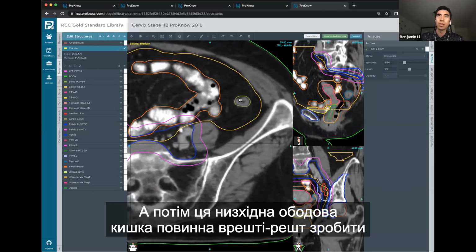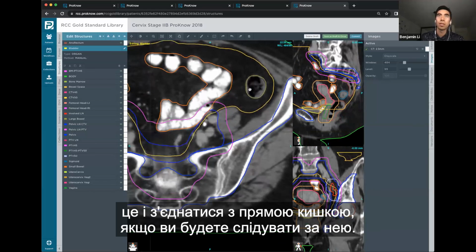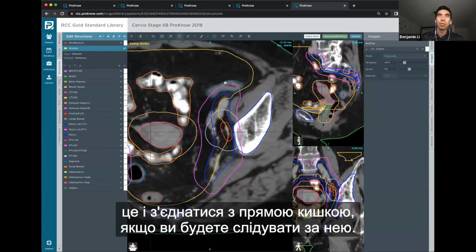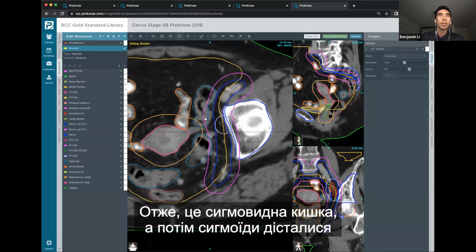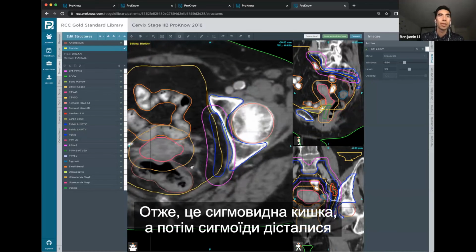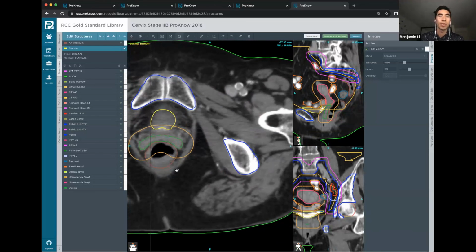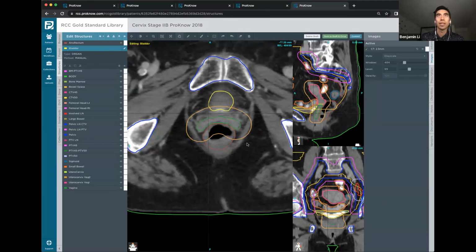And then this descending colon should eventually connect to your rectum if you follow it. So this is a sigmoid, and then the sigmoid's made it to the rectum. Okay.